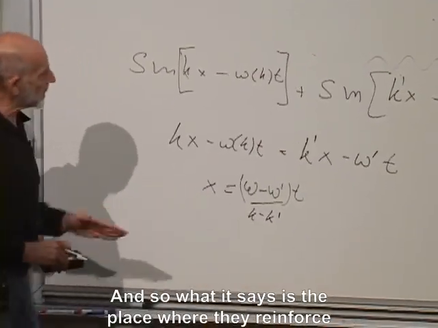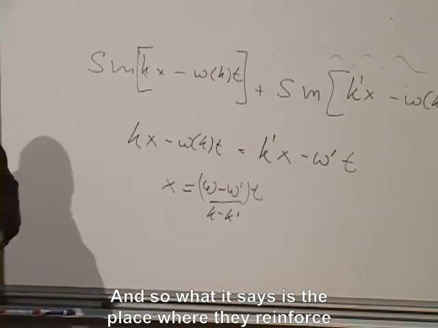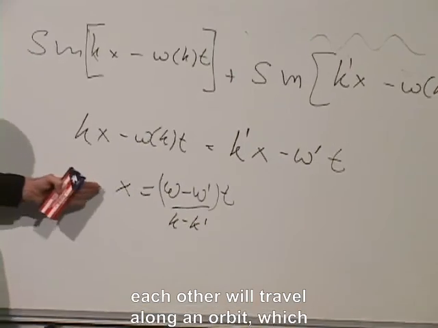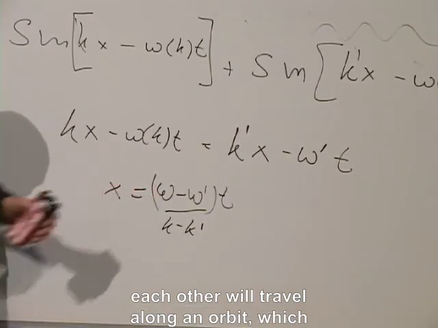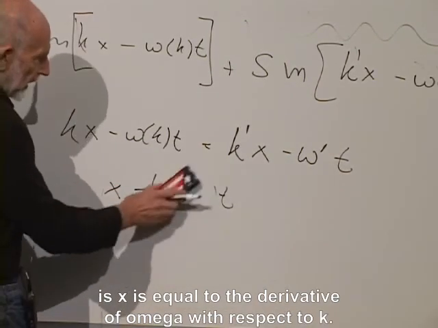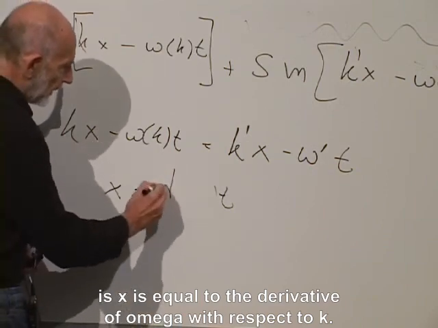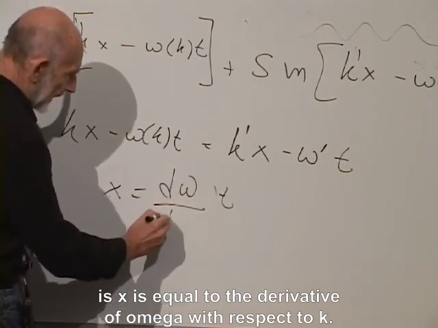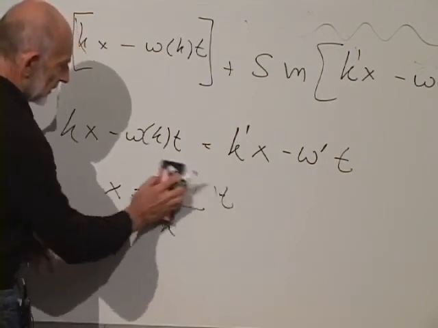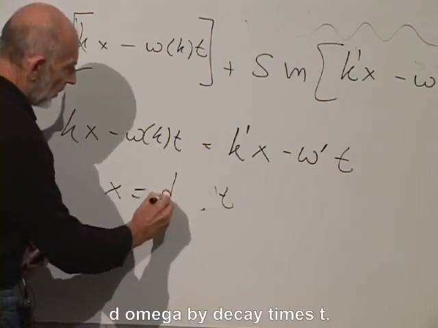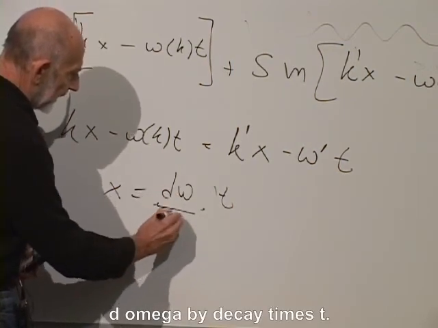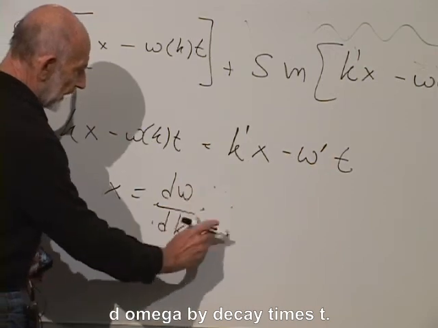So the place where they reinforce each other will travel along an orbit x equals d omega by dk times t.